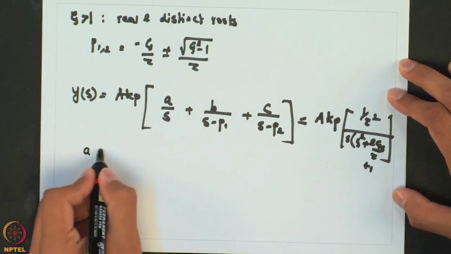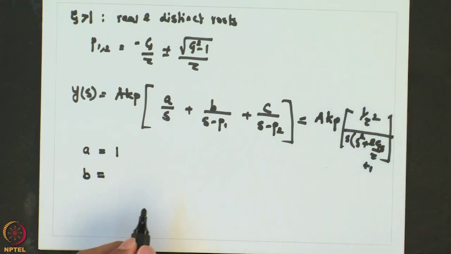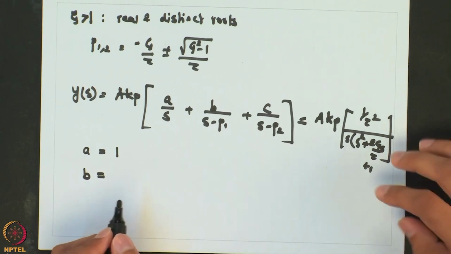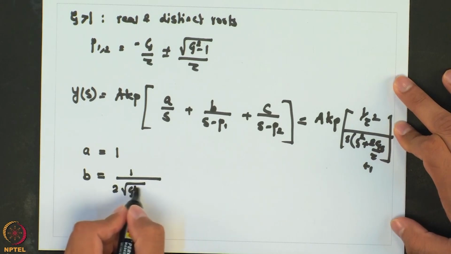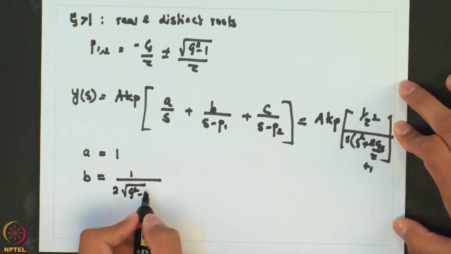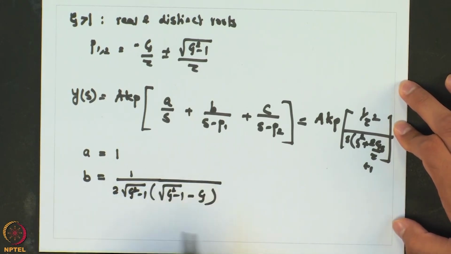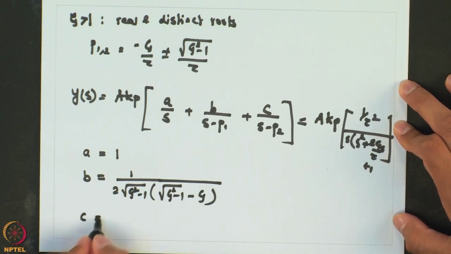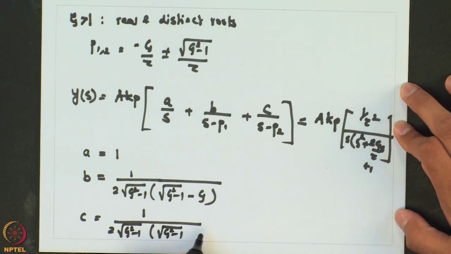So for this system what we get is A equal to 1, B will be equal to 1 over 2 root zeta square minus 1 times root of zeta square minus 1 minus zeta, and C similarly will be equal to 1 over 2 root zeta square minus 1 times root of zeta square minus 1 plus zeta.